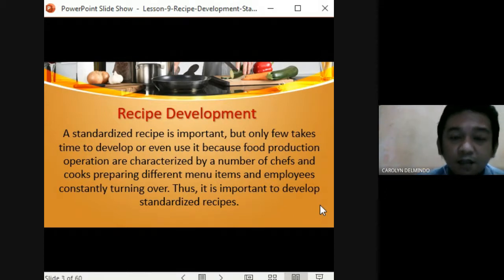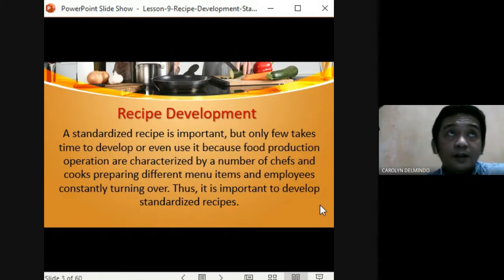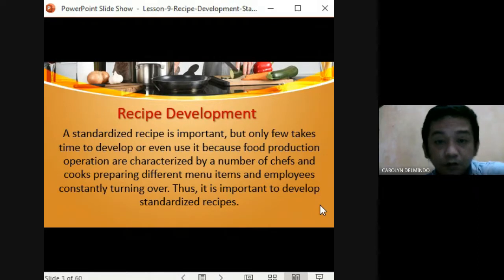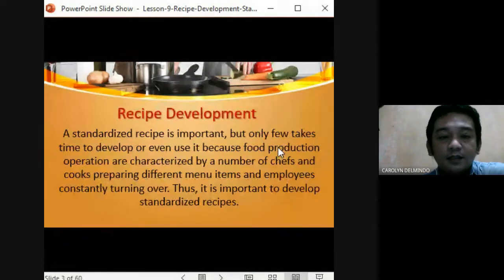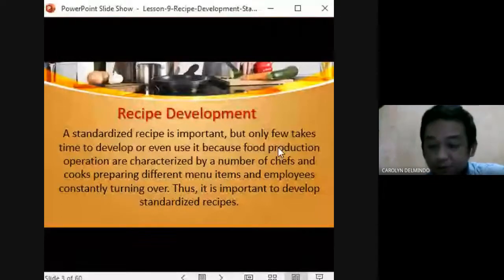A standard recipe is very important, especially in business and in food establishments. Developing it is very important especially in restaurants which change their staff, chefs and cooks from time to time. So we have to standardize and develop recipes for food establishments.